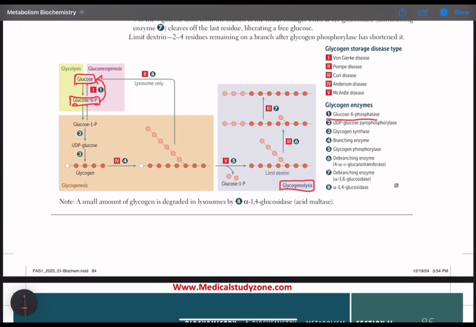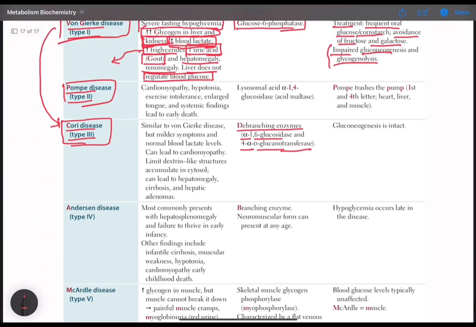These enzymes are the debranching enzymes. In Cori disease, we have the deficiency of debranching enzyme, so what will happen? We will have accumulation of limit dextrins in the body. Cori disease is similar to von Gierke disease but with milder symptoms. Gluconeogenesis is intact, but glycogenolysis is disrupted.